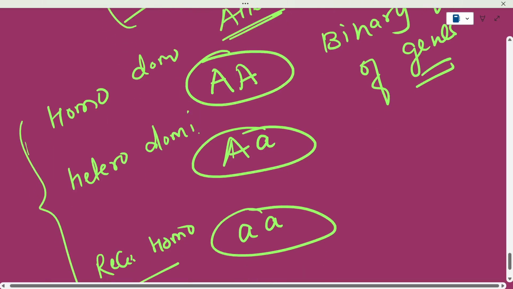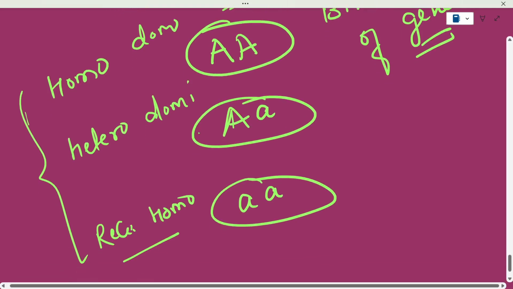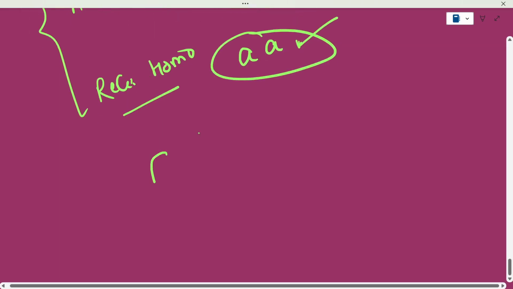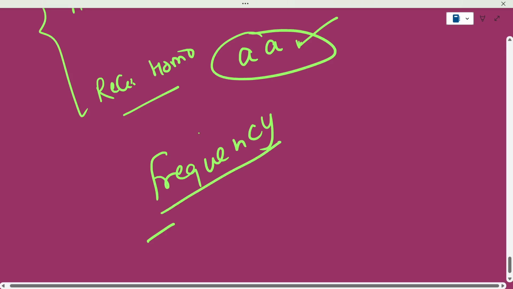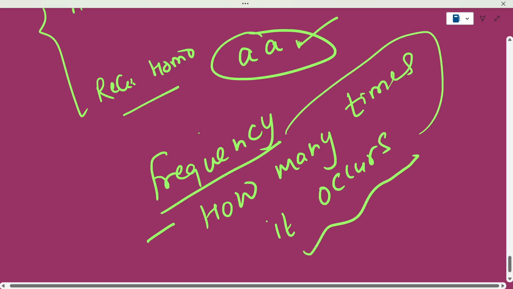Now the topic in question is talking about the frequency of each of them, that within a particular individual or particular group, what will be the frequency of homozygous recessive. And if you want to know the basics of frequency in general, how many times it occurs, it's as simple as it can be.